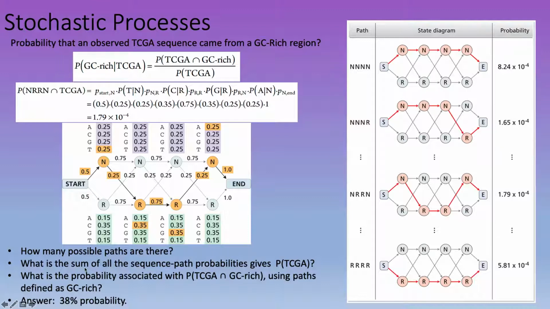And then if I'm going to figure out the probability associated with TCGA intersecting with GC-rich using all these different paths, that's just looking at the proportion of the total that is associated with going through a GC-rich region. And so the answer to this question is approximately 38%.